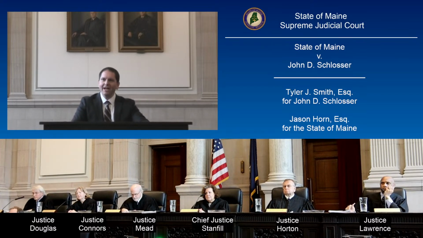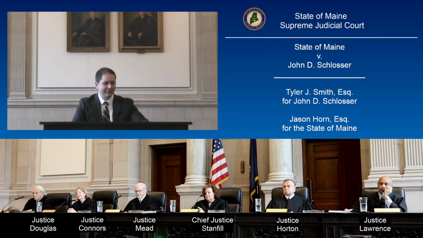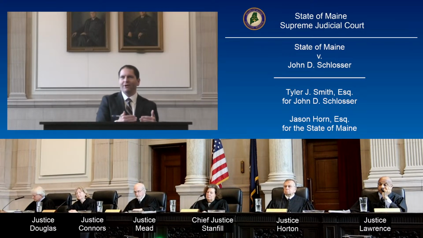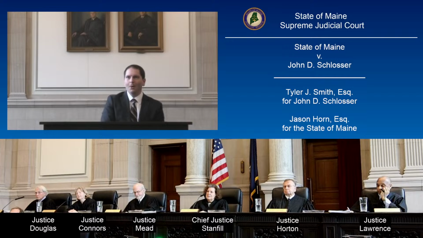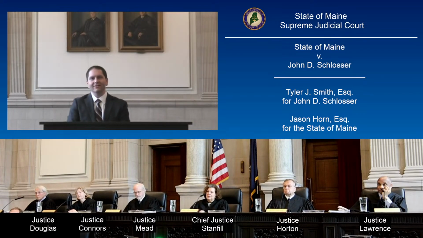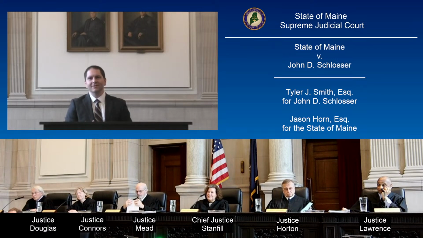I would just simply ask, what logical reason exists for letting the state limit the scope of the greater offense in the indictment for lesser included offense instructions? Isn't that a question not for the legislature, though, at this point? In other words, we have said repeatedly how to determine this. This statute has been in effect for a long time.